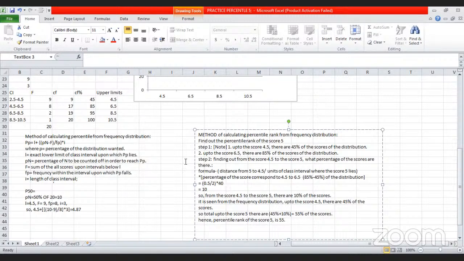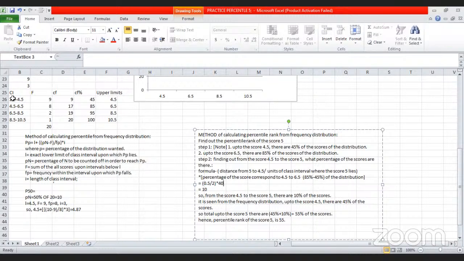So how can we get it? We know that up to 4.5, there are 45%, up to 6.5, there are 85%. So within 4.5 to 6.5, that should be 85 minus 45. Is it clear? Up to 6.5, that indicates from 2.5 to 6.5, isn't it? Yes.